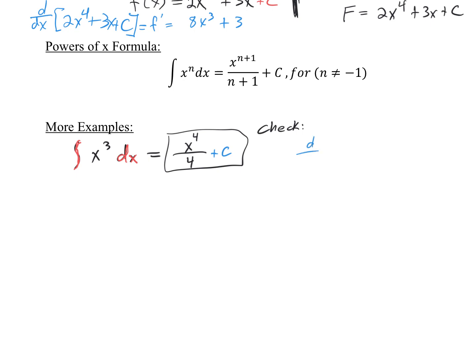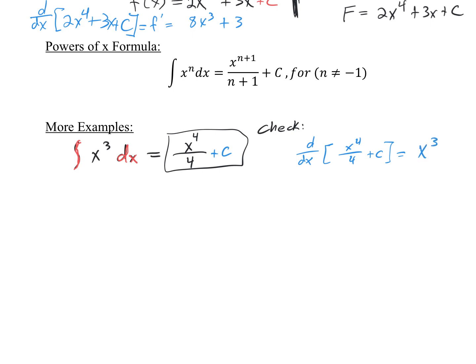So what is the derivative of x to the 4 over 4 plus C? Well, the 4 in the exponent comes out in front, but then it reduces with the 4 you're dividing by. So 4x cubed divided by 4 just becomes x cubed.